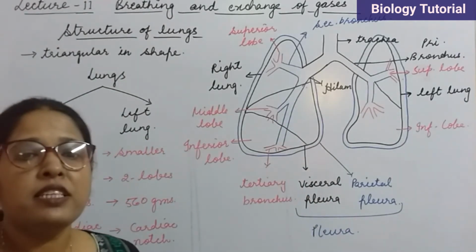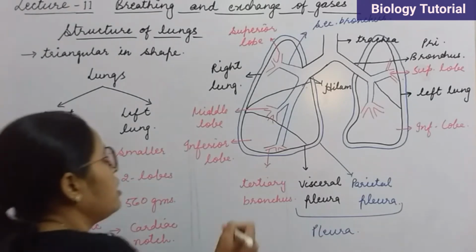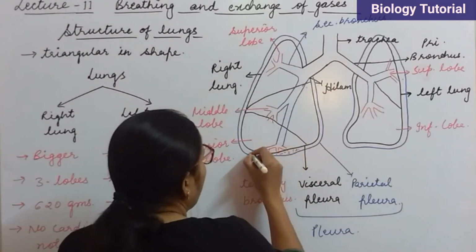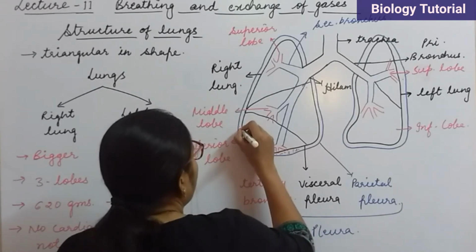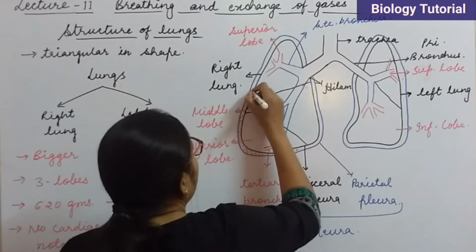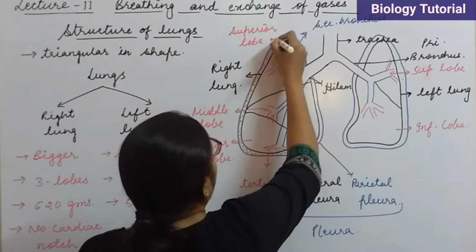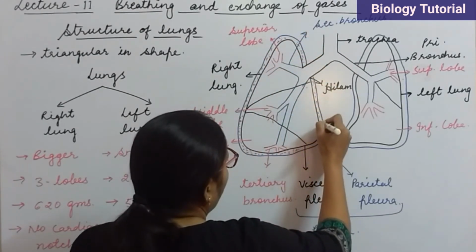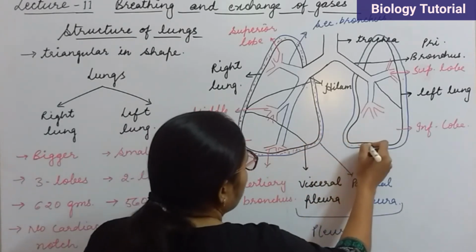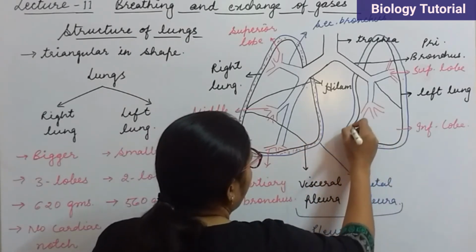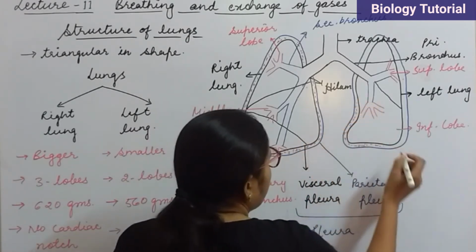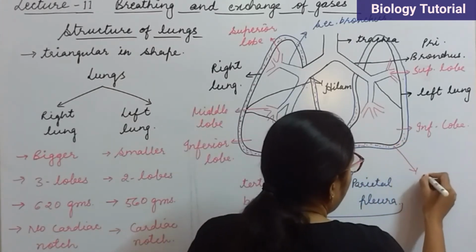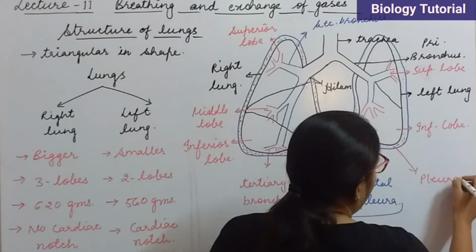The space present in between these membranes is called pleural cavity, and this pleural cavity is filled with a fluid. So here is the fluid present in between the space of both of these membranes. This fluid is called pleural fluid.